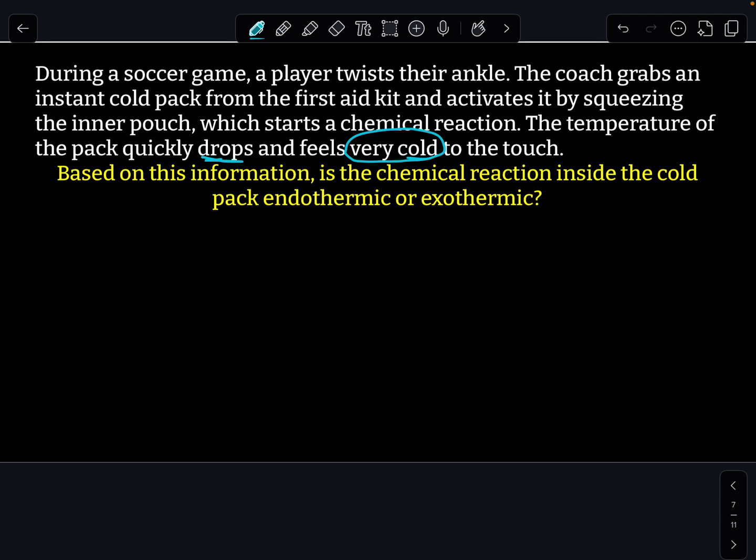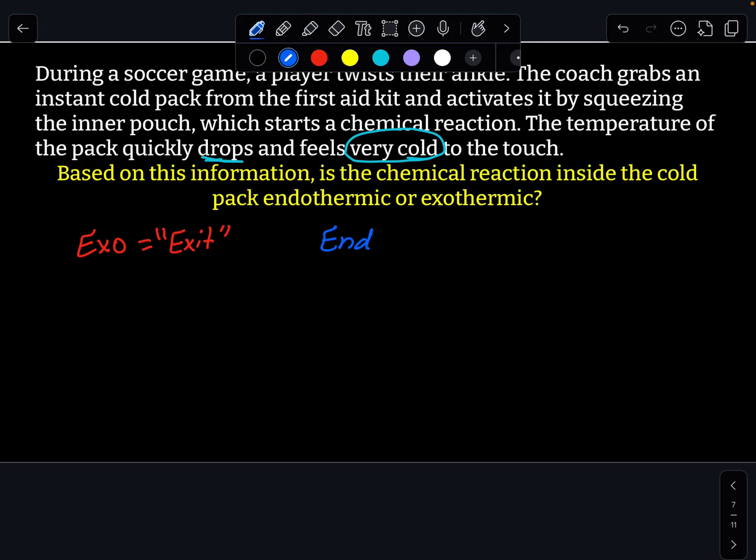So if I just sit there and think about it, exothermic, the word exo sounds like exit, so that means heat is exiting, so my object should feel hot. Versus endothermic, so let's write that down. Exo equals exit, which means it should feel hot because the energy is exiting the system. Endo, we want to think of enter, because the heat is entering the system, making it feel cold to the touch.